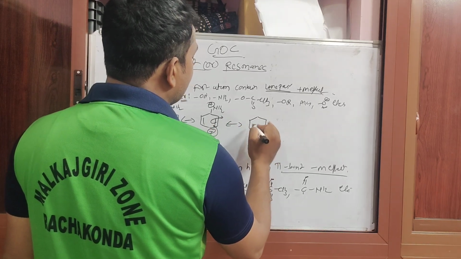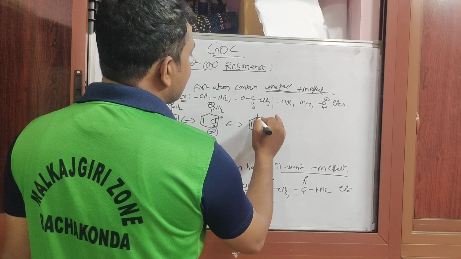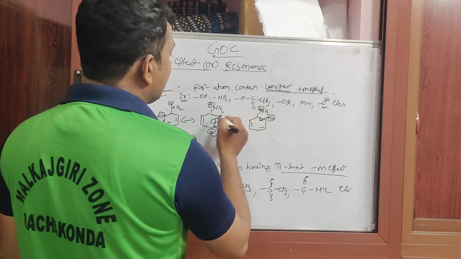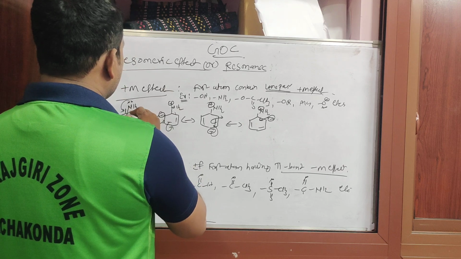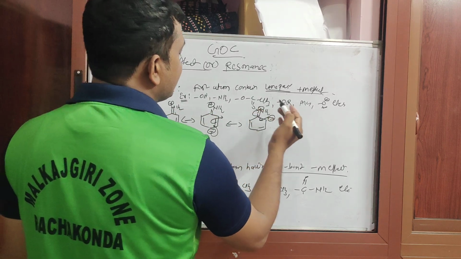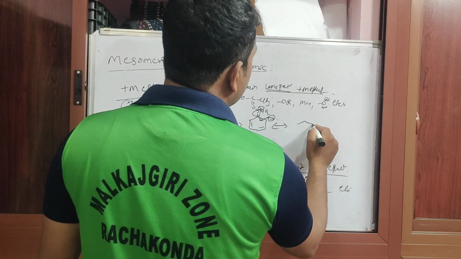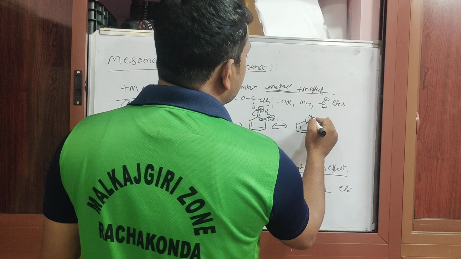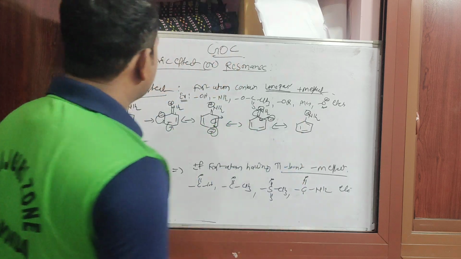This gives a negative charge on the ring and NH2 plus. Continuing like this, this is the resonance structure of plus M effect.